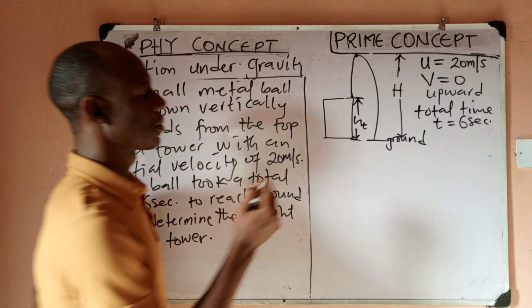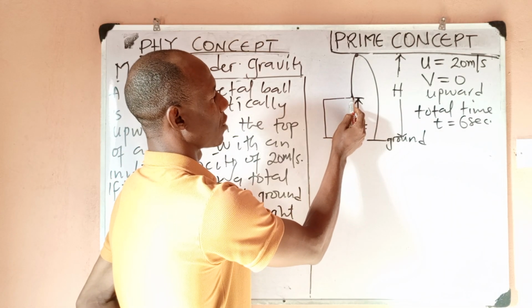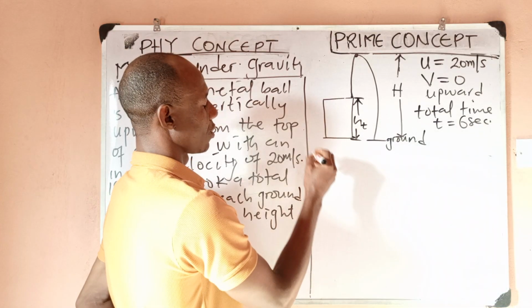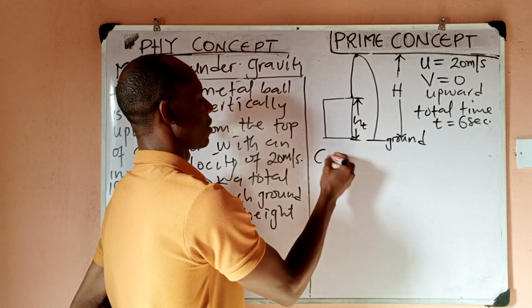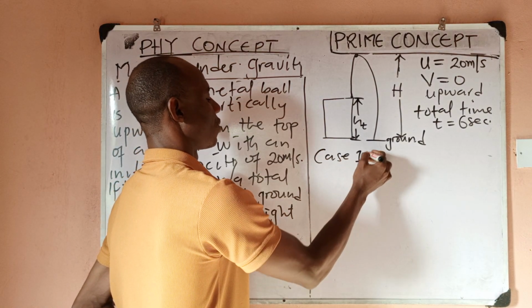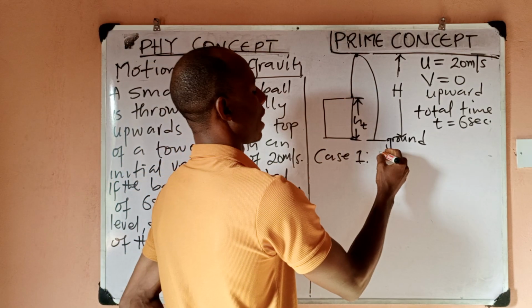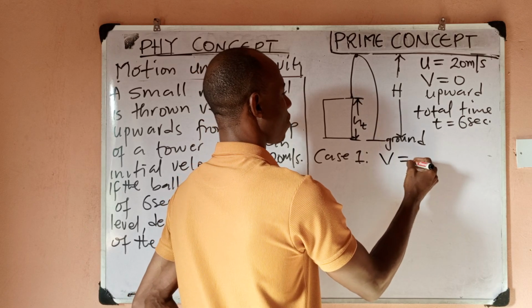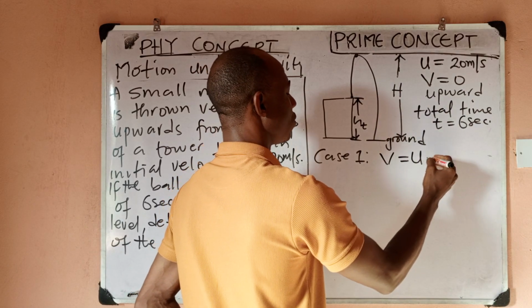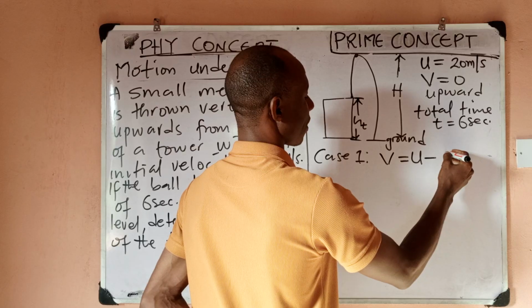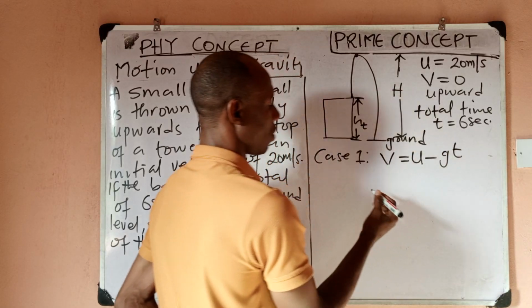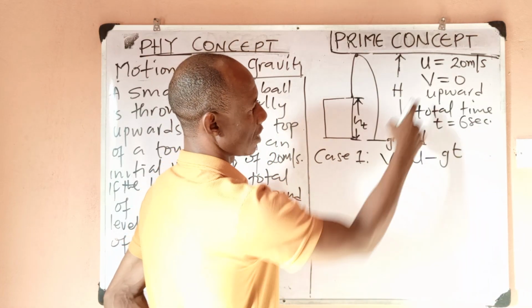First of all, I want to find the time it took to move from the tower to the highest point. So first condition, let me call it case 1. So follow it this way to help you. So going up, I have v equals, since it is going up, u minus gt for upwards. So v is 0 for upward.